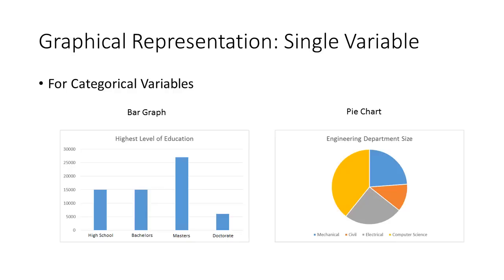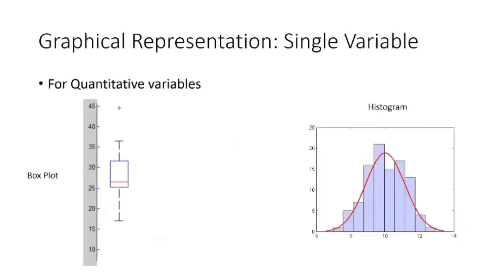Okay. Now we move on to quantitative variables, and with quantitative variables, you have a couple of different ways of representing a variable. One example is a box plot. With quantitative variables, remember, it's numerical data, and so you might be interested in representing things like the average and the variance, and in our class on summary statistics, we're going to go into great detail about it.